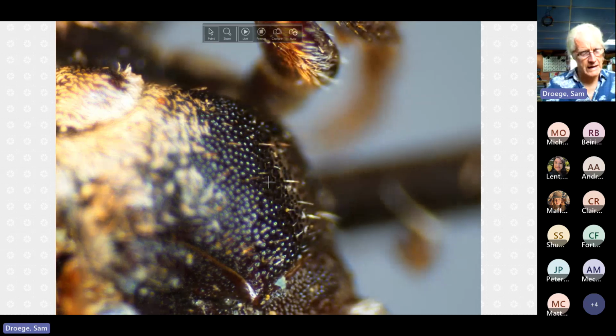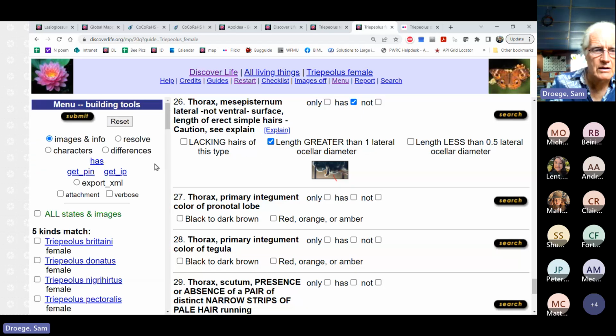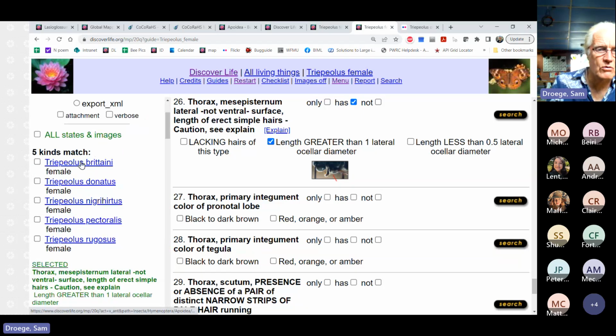And she has 3 categories: none, lacking hairs, greater than 1 lateral ocellus. And those are useful. Let's see, we can do has. I don't know if all these specimens have been scored for all these characters. We have only 5 things that are scored, or are, no, these are scored for those. So only 5 have been scored for having these hairs that are greater than 1 ocellus.